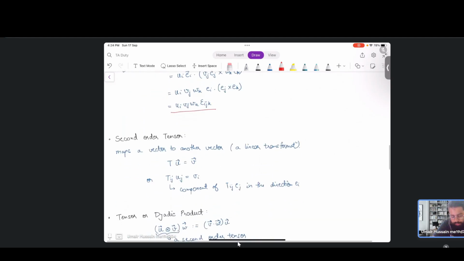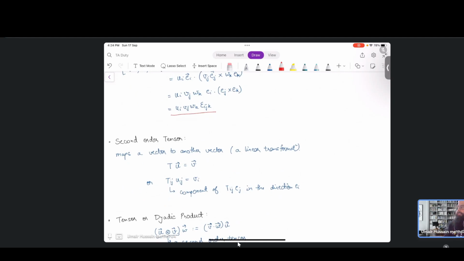Next, we have a second order tensor. In general language, we call it any quantity which has two directions. I'm interested in two directions: one is the direction of the quantity, and another is the direction of the plane over which it is applied.